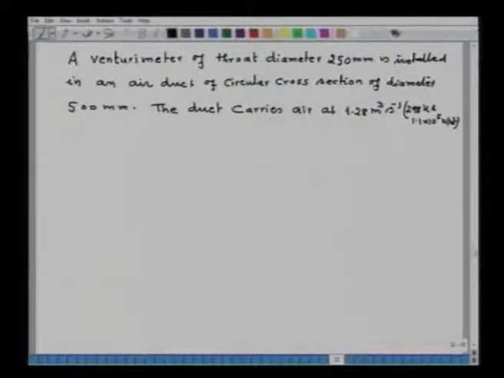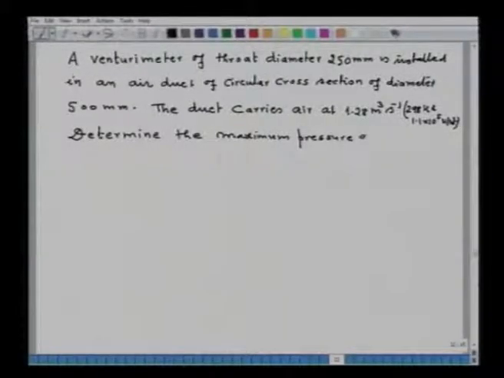Now, determine the maximum pressure drop that a manometer can handle.